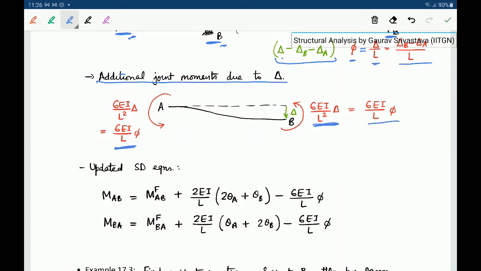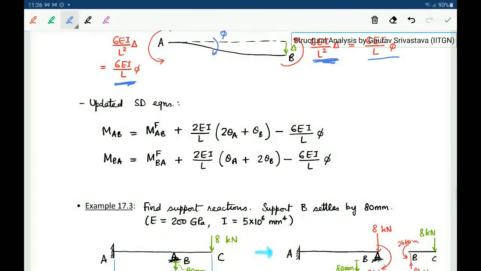Okay, and if this chord rotation phi is clockwise, both of these moments will be anti-clockwise. So this is anti-clockwise and this is anti-clockwise. So basically when we update the slope deflection equations, we will add one more term with a minus sign.